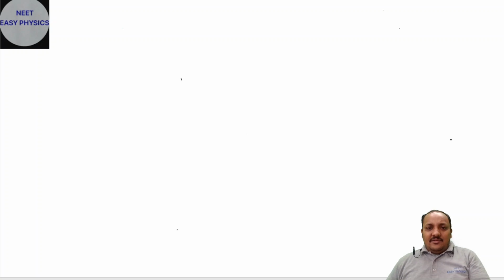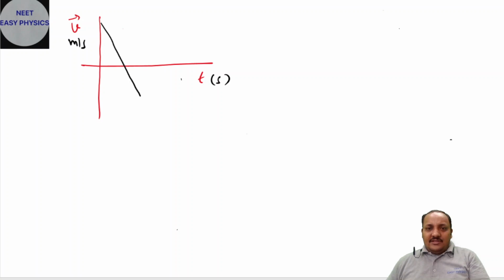Now they may give this graph. In case of a vertically projected body, same question, velocity-time. Velocity is in meter per second, time is in seconds. Now they gave a graph like this. Already we discussed the models; now we are seeing how they are going to ask the problems. This is 10 meter per second.